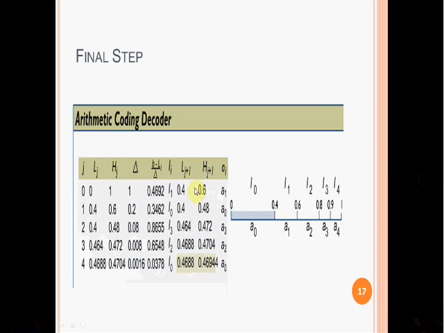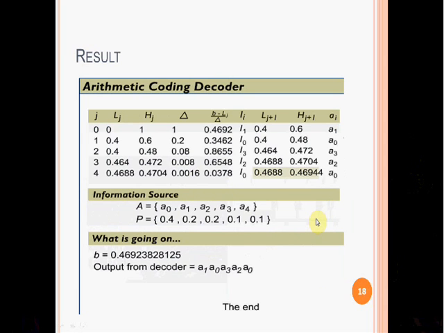You can try calculating the values and finding the results. So here's the result and the summary. So the output from the decoder is A1, A0, A3, A2 and A0. So we have decoded.